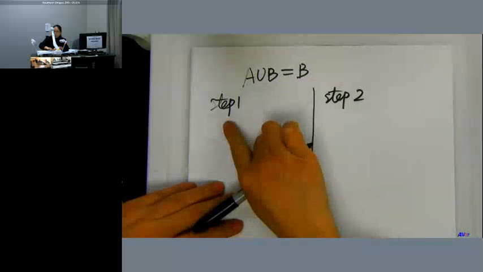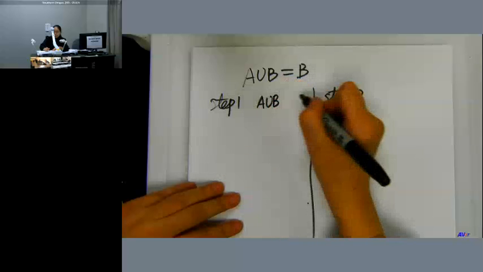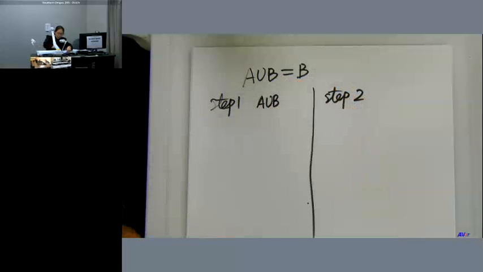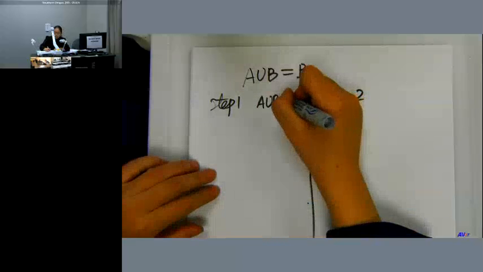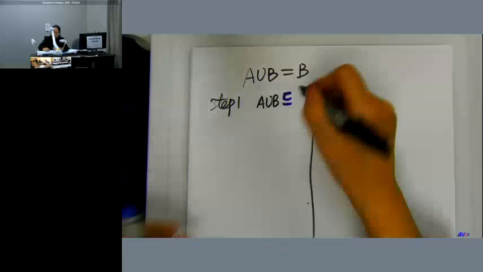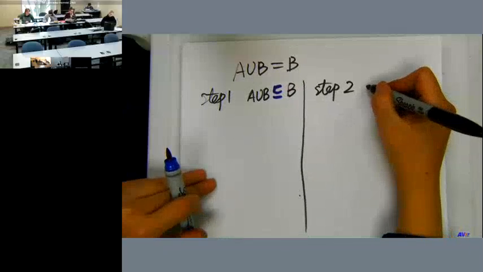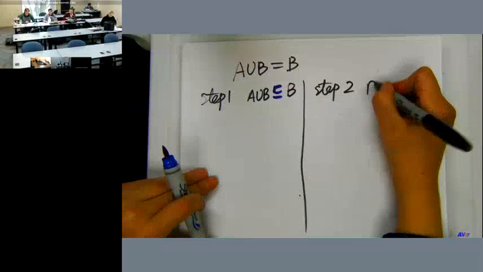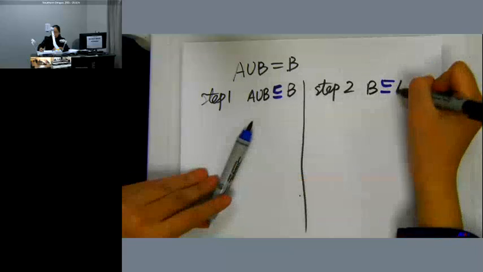Step 1, you're going to show A union B is a subset, so you're going to change the equal sign to a subset symbol, a subset of B. And what else do we have to show? B is a subset of A union B.